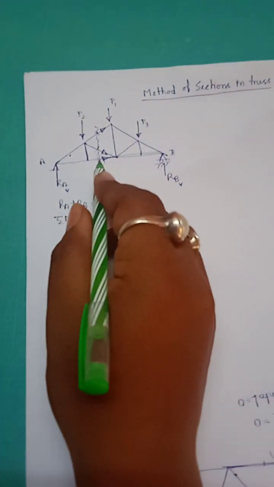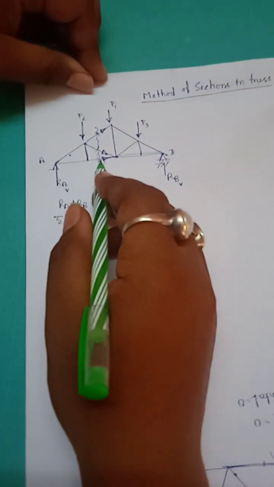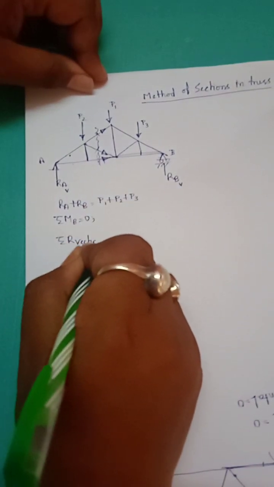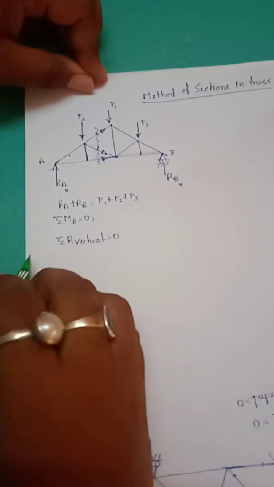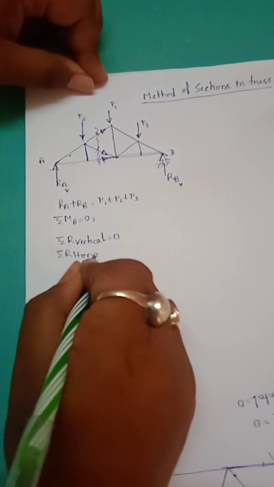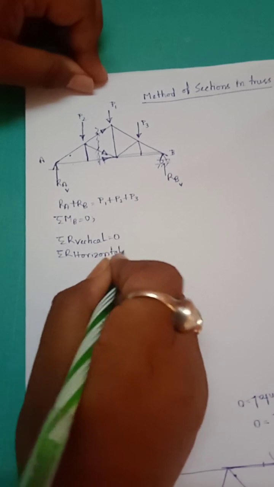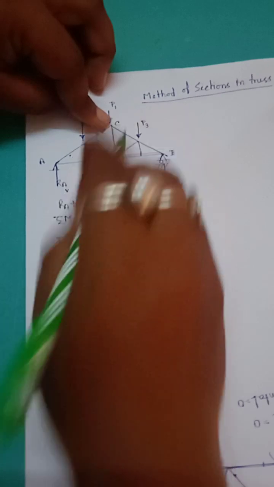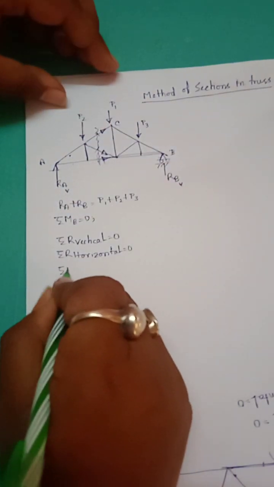After cutting section, we can get three equations. Summation Fy equal to 0, summation Fx equal to 0, and we will take moment about point C equal to 0.